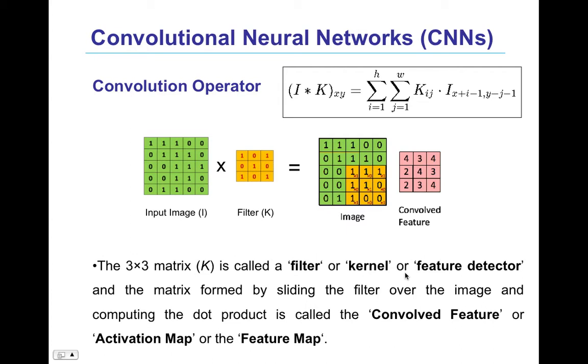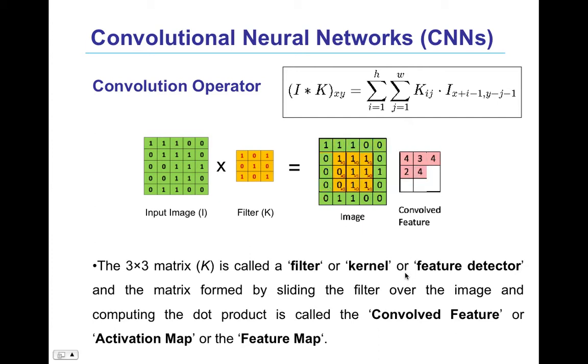This filter is how the convolutional neural net works. The filter is used as a sliding window through the whole image, as you can see in the animated GIF over here. It starts at the top left and goes right.